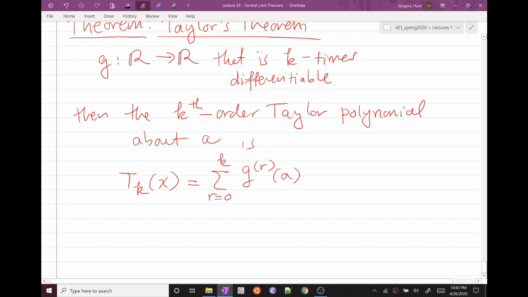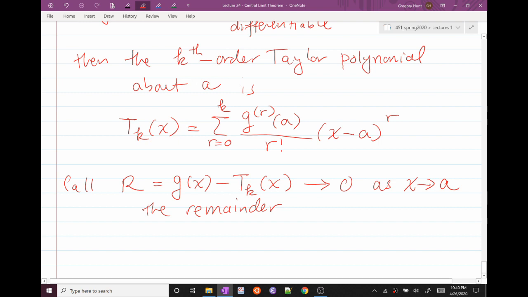We call our function minus T_k of x the remainder, and this thing goes to 0 as x goes to a, and it goes to 0 quickly, and you can precisely define that.